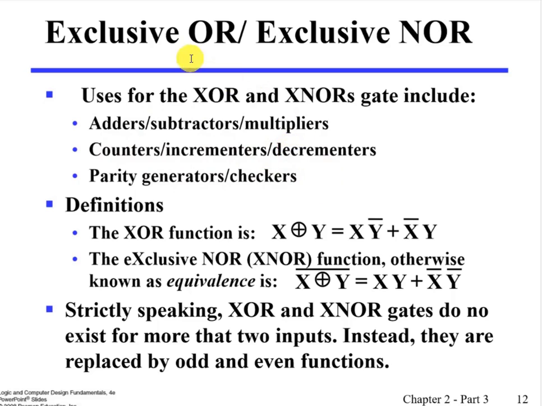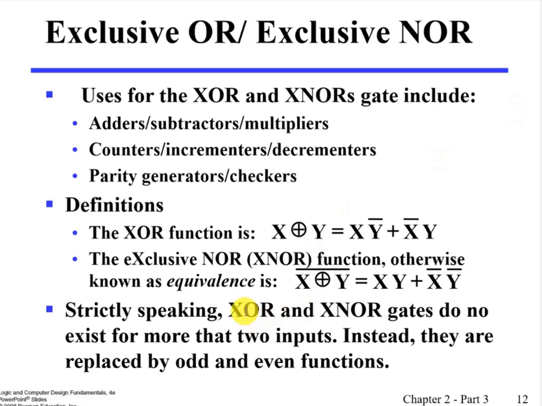We will see examples of the use of exclusive OR and exclusive NOR gates in the coming lecture. The definition of the exclusive OR function is as follows: X, with the plus-and-circle symbol, Y is equal to X Y complement or X complement Y. The exclusive NOR function is defined as the complement of that, which is equivalent to XY or X complement Y complement.